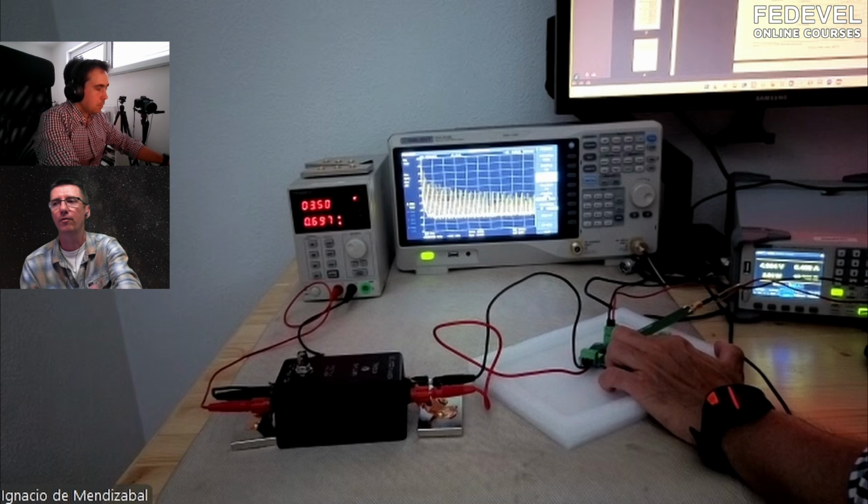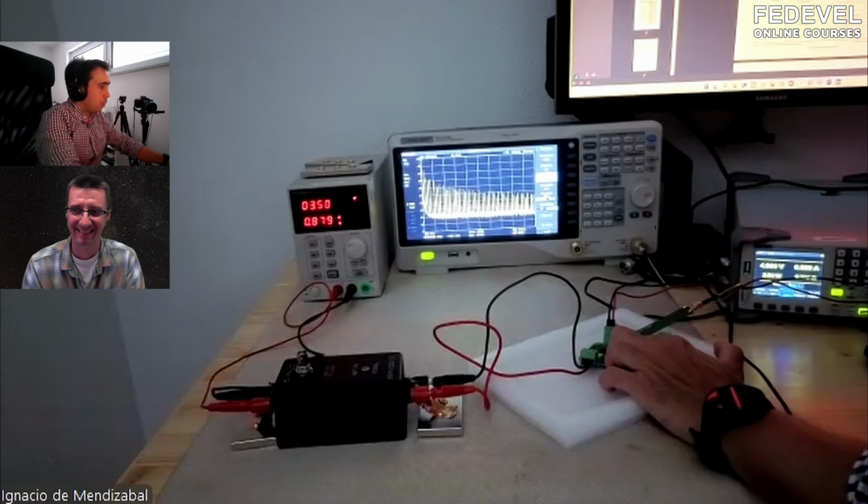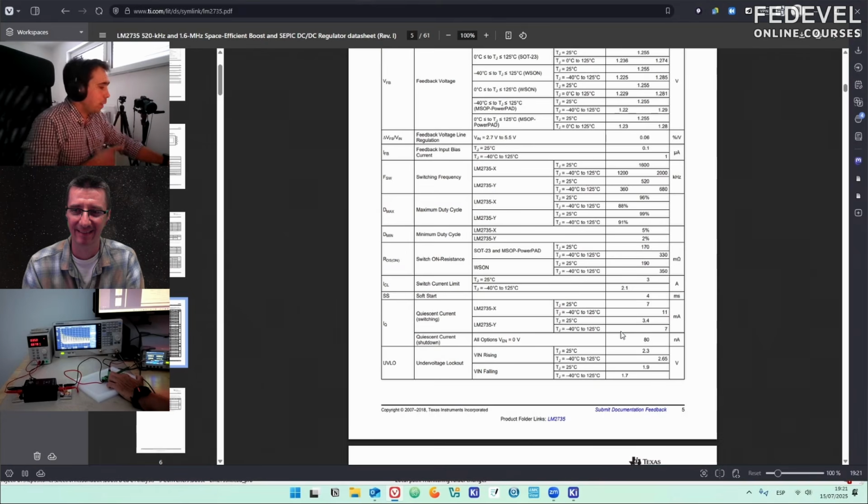Okay, so what do we know from this? First, that we are measuring it with a magnetic probe, so we already know that there seems to be some kind of magnetic energy going there. And second, that we have a lot of frequencies.